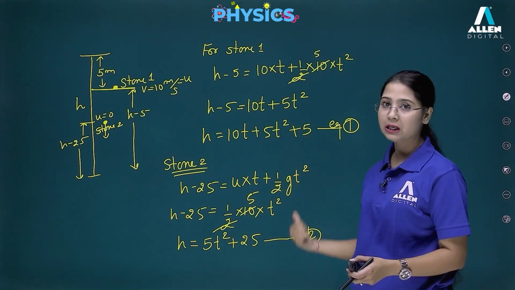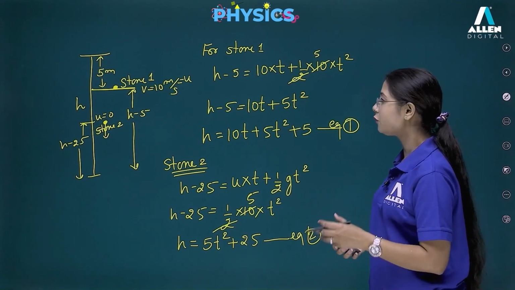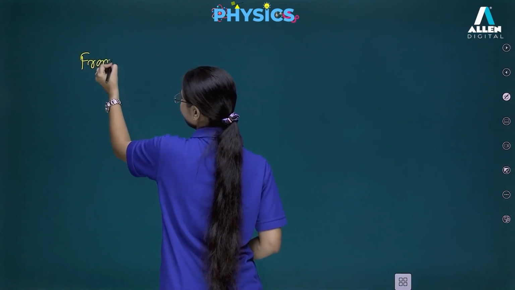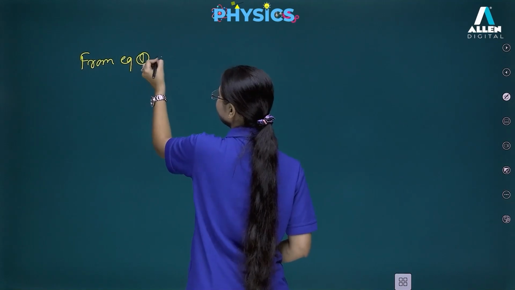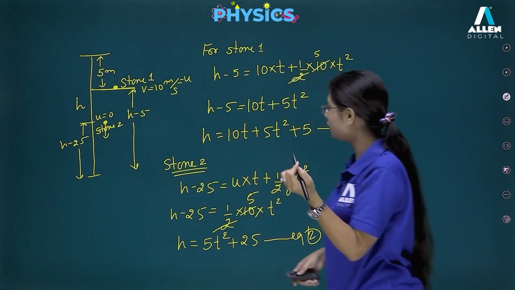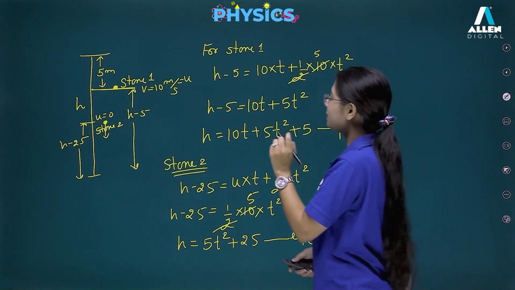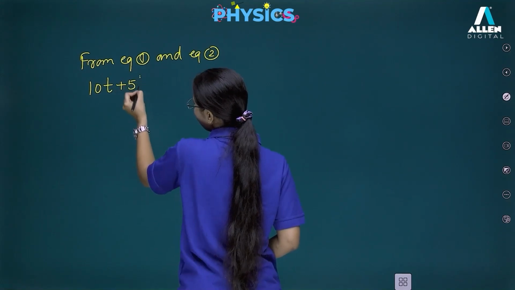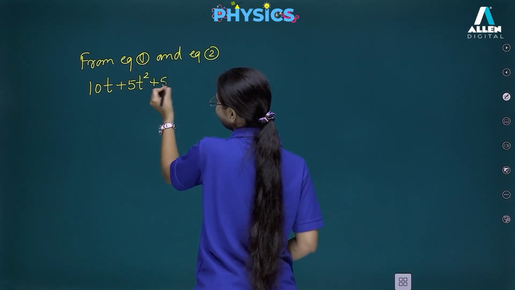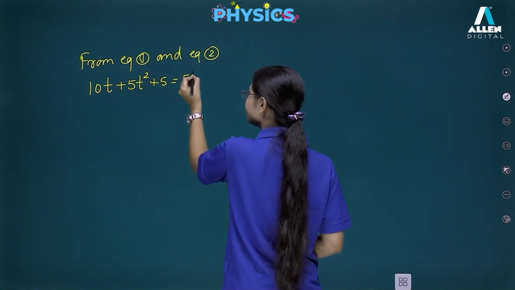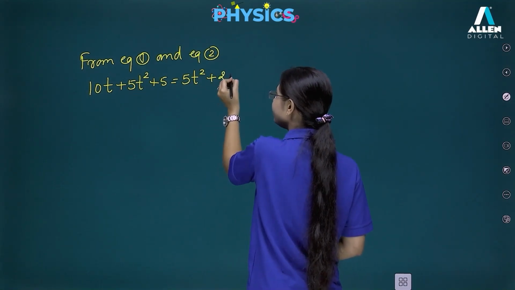So we can equate these two equations. From equation 1 and equation 2, 10t plus 5t square plus 5 is equal to 5t square plus 25.